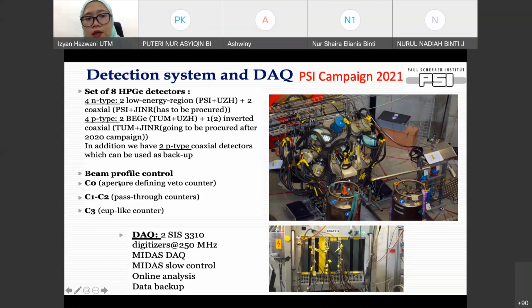Then we have the trigger counters C0, C1, C2, and C3, just to check whether the muon is stopped or not, because this is the first primary selection for muonic X-rays. And then we use DAQ from MIDAS and also online analysis and backup.